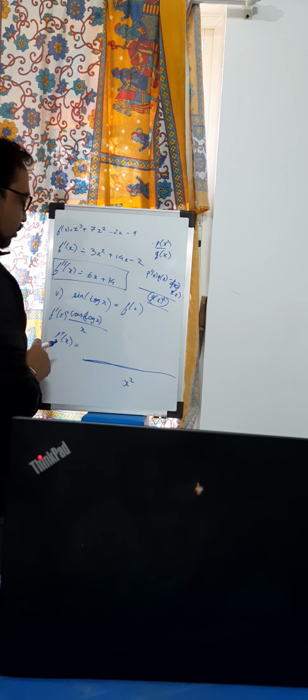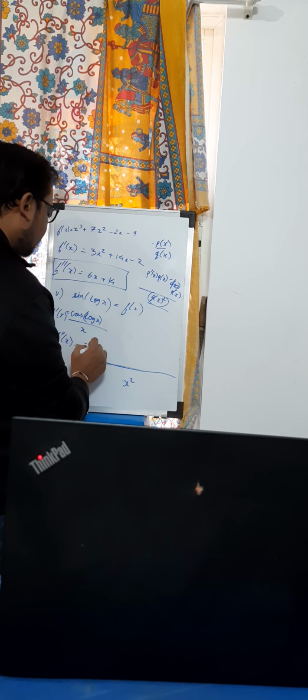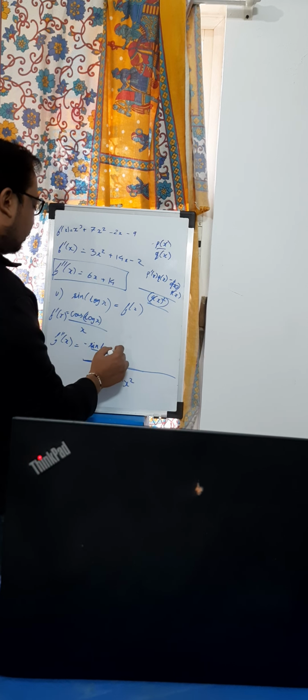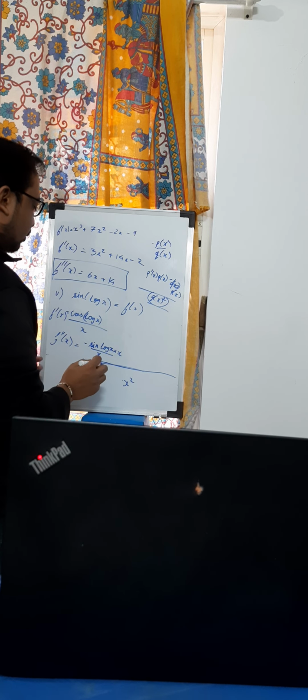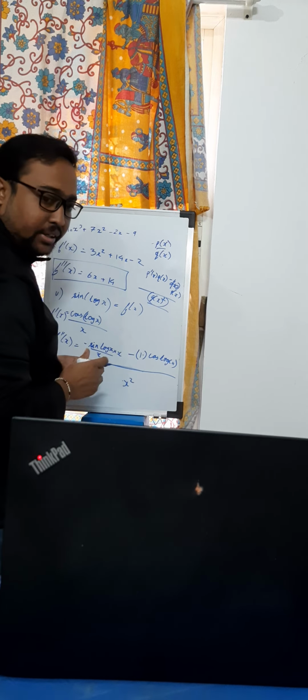So what is the differentiation of cos log x? Minus sin log x upon x. And this we multiply by x as it is. Minus d by dx of x is 1, times cos of log x as it is, correct?